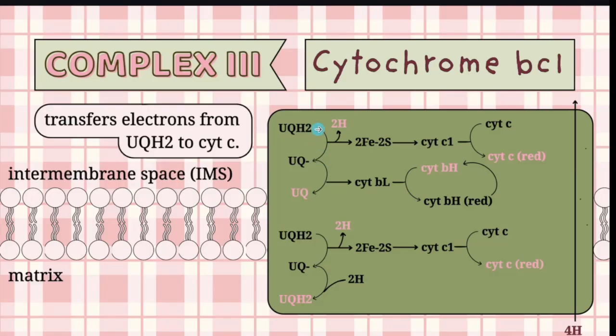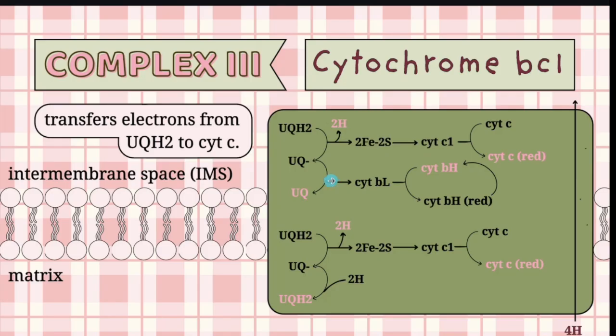So dihydroubiquinone will first donate 1 electron to the iron sulfur cluster, which will donate the electron to cytochrome C1, which will finally donate the electron to cytochrome C, which is the final acceptor of complex 3. So cytochrome C will be reduced, and you will form hydroubiquinone, because we only donated 1 electron.